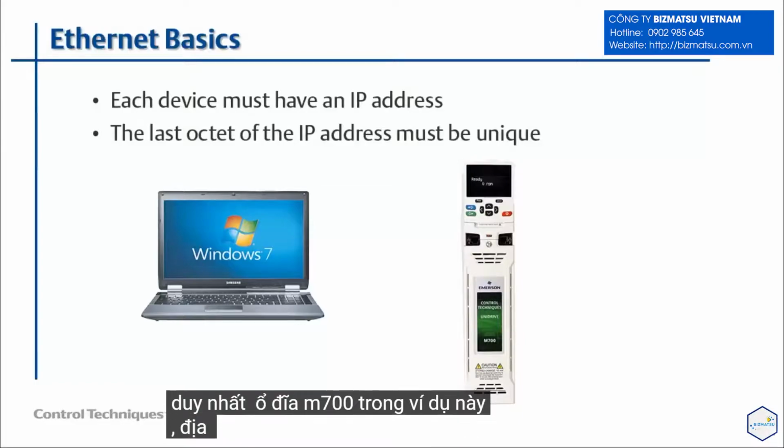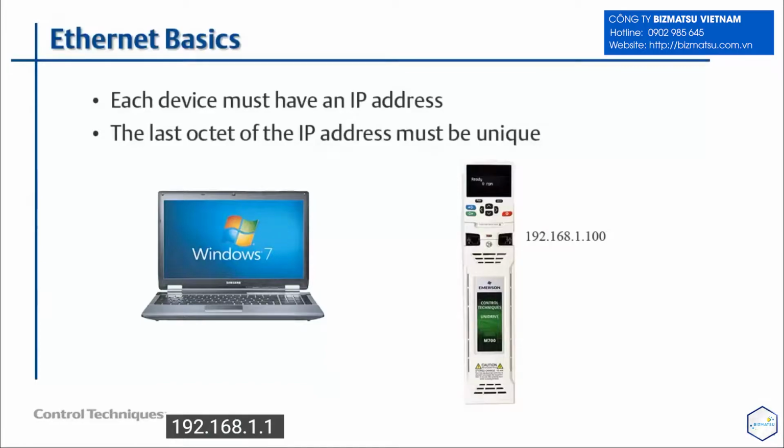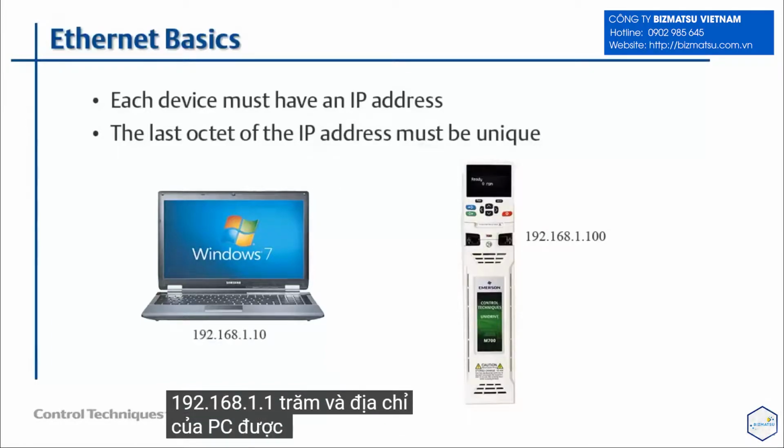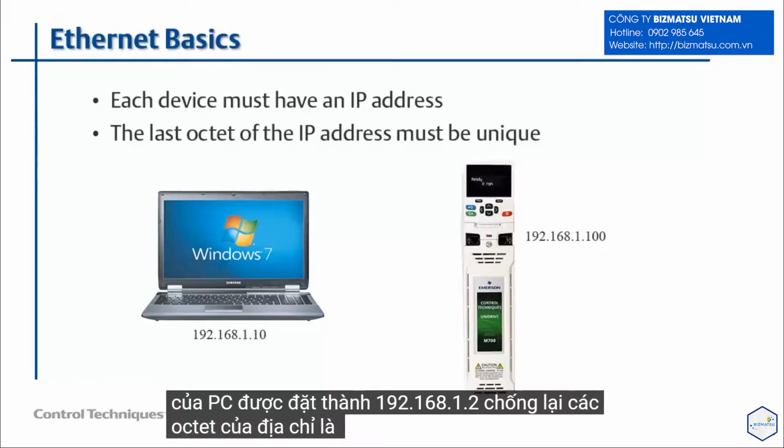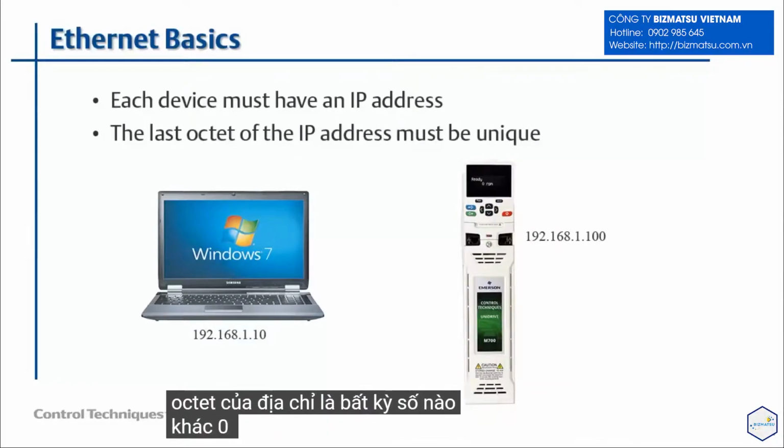In this example, the address of the drive is set to 192.168.1.100, and the address of the PC is set to 192.168.1.10. Valid choices for the last octet of the address are any number other than 0 or 255.